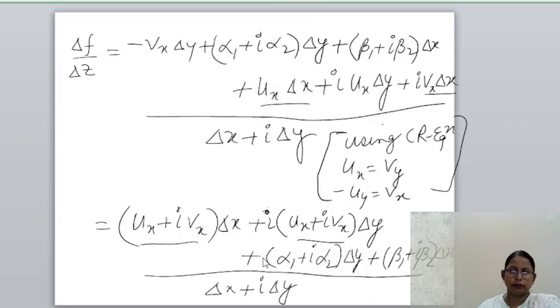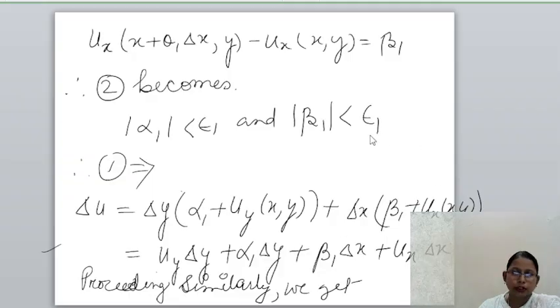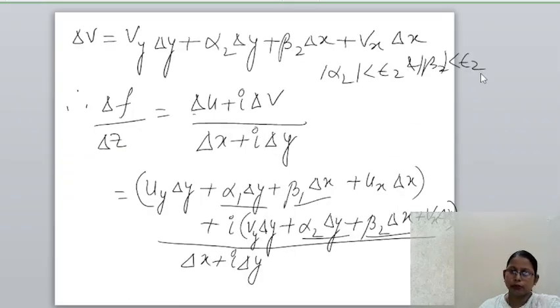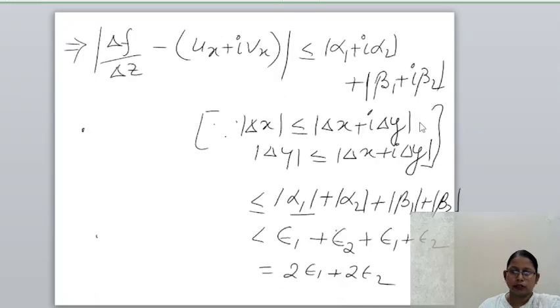Is it okay? Let us check again. Yes, this is ε1, this is ε1, this is ε2, this is ε2. It is correct. So this is 2ε1 + 2ε2.